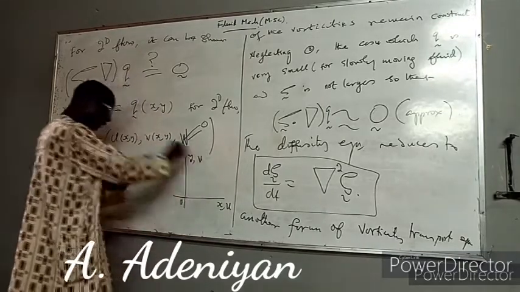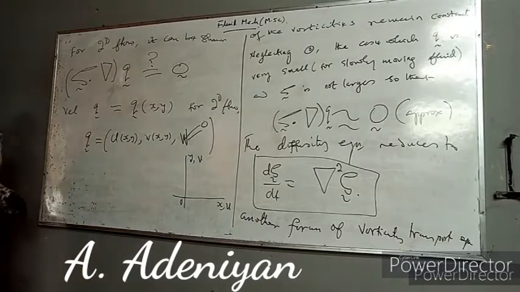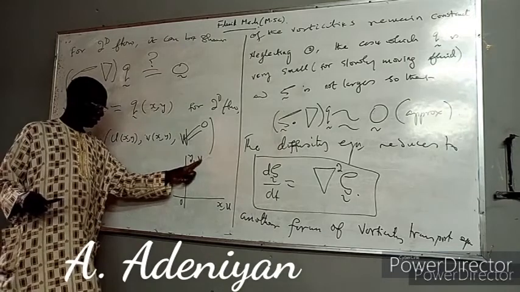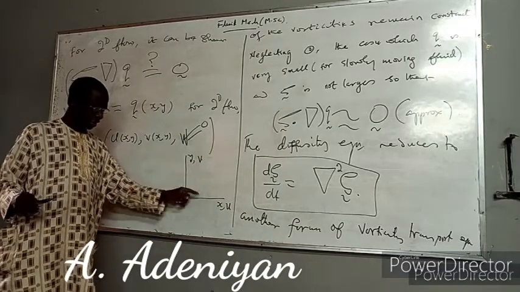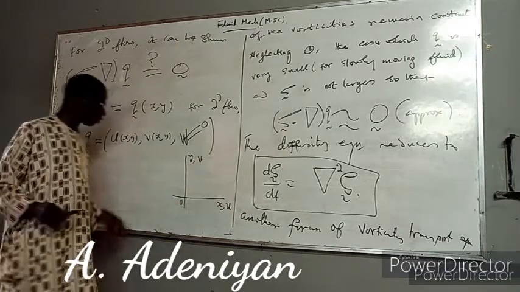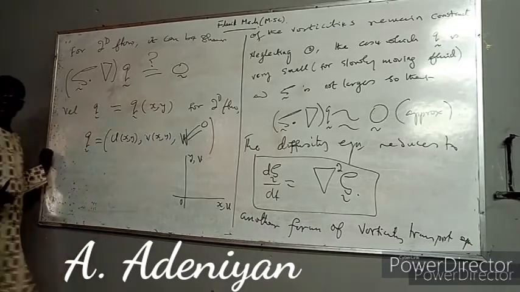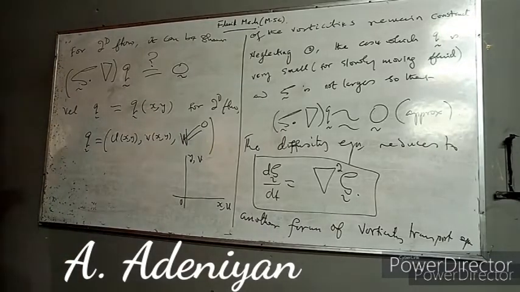So we are considering flow in a plane, or flow that depends on two variables x and y. If we don't have w components, we consider two-dimensional flow in a plane.